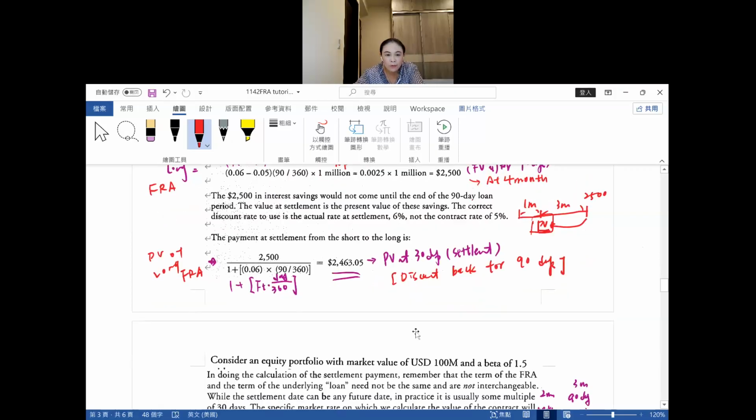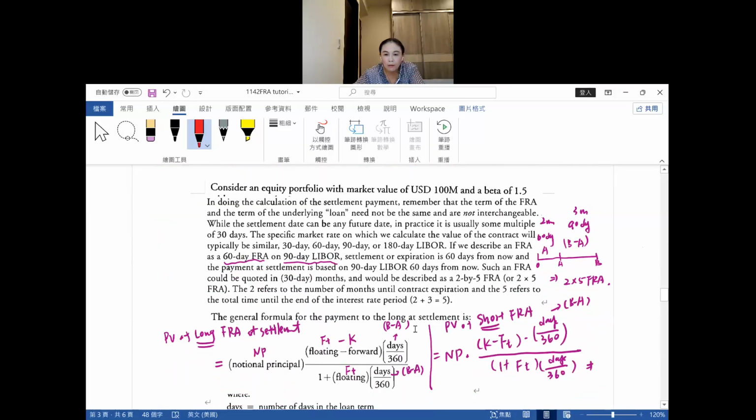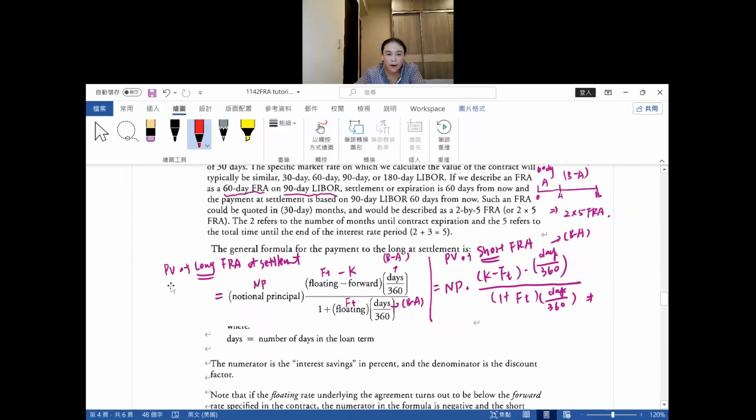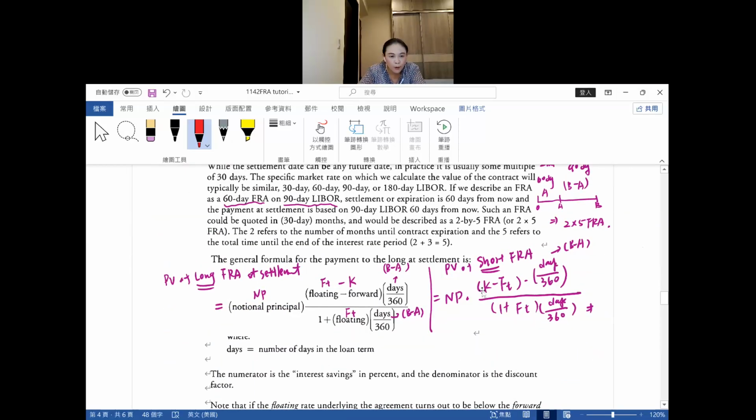So pay attention to here. And one thing I want to remind you, this is the formula already, is the short FRA. So here are actually two formulas. The first one is the PV of the long FRA. The difference is here. When we compute gain and loss for the long contract, you are using the maturity floating rate, the market rate, FT minus K. This is your exercise price. And when you are computing the PV for the short FRA, the only difference is that you are doing the opposite.